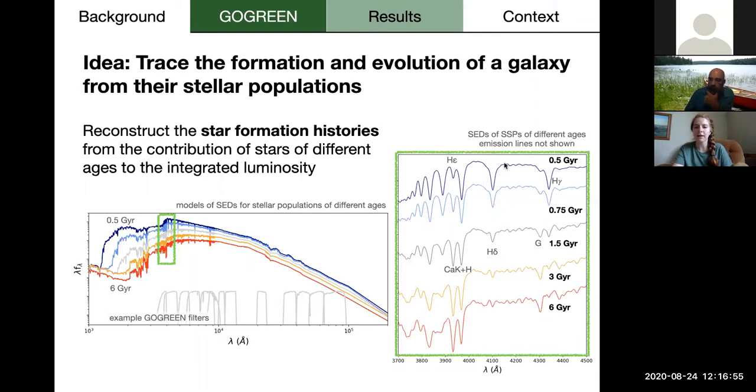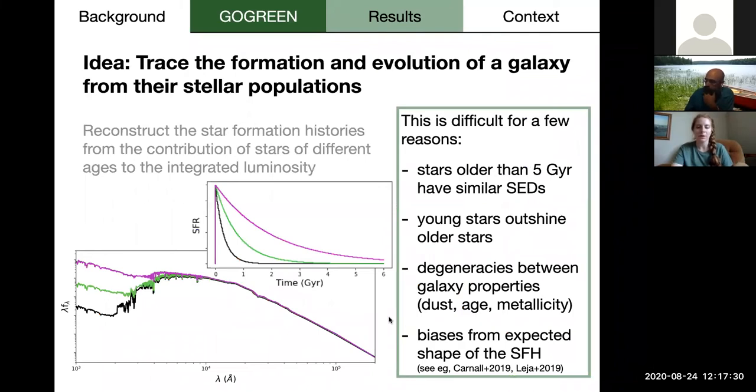And the fact that the stellar populations have different SEDs means you're able to tell apart stellar populations that are quite young from ones that are moderately young, so half a gigayear and 1.5 gigayears look substantially different. But older stellar populations become much more similar in their SEDs, so you're less able to distinguish a population between 3 and 6 gigayears. So that's one of the challenges of this technique.